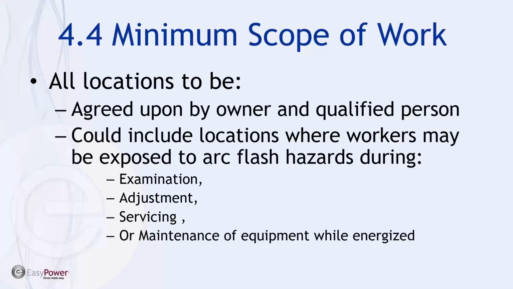And they could include, but it doesn't say shall, which gives some interpretation to this line, locations where workers may be exposed to arc flash hazards during examination, adjustment, servicing, or maintenance.